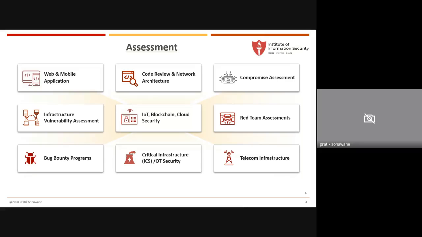Okay. Coming to bug bounty programs, I have a slide ahead on bug bounty, so I'll cover that there. So critical infrastructure and OT security, again, this is an emerging field. Critical infrastructure, why? Because human life is very important. In case anything happens to the critical infrastructure, here it mentions manufacturing plants, electricity plants, water purification plants, your dams, your nuclear facilities.